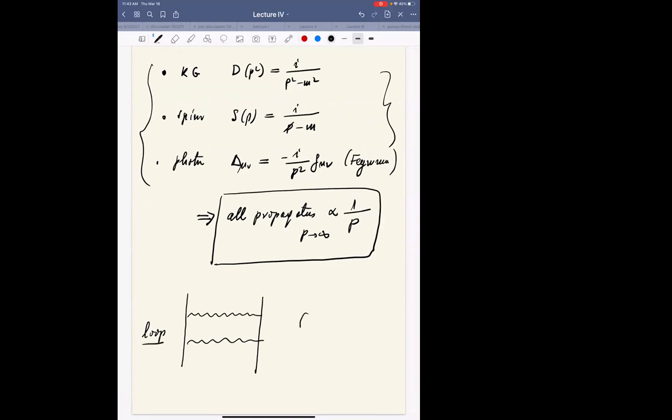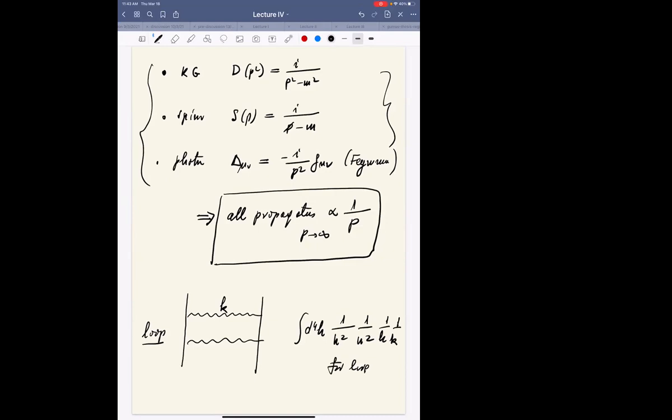And how do you do the loop? You integrate over the internal momentum k. And then you plug in the propagators. And then you're saying, oh, it's nice. At large k, I have 1 over k squared from the photon. I'm writing just symbolically. I have 1 over k from the spinor.